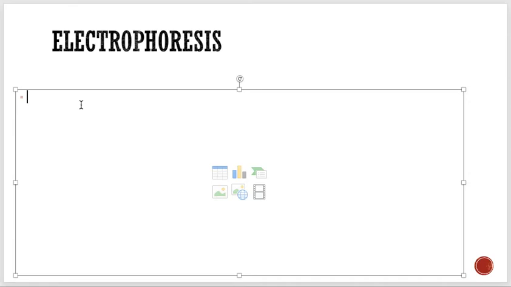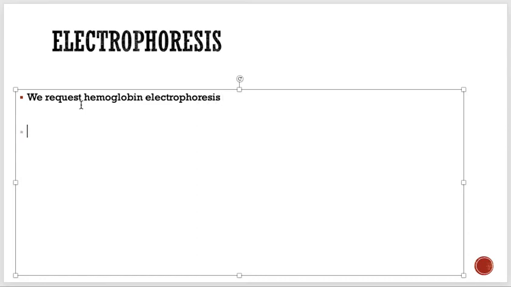So whenever we are suspecting thalassemia, we request a hemoglobin electrophoresis, because we have to check the hemoglobin. We request it whenever we want to check whether the patient has thalassemia or not.